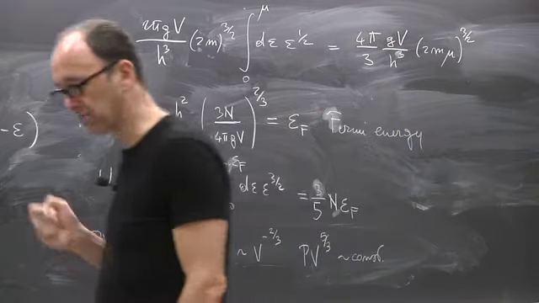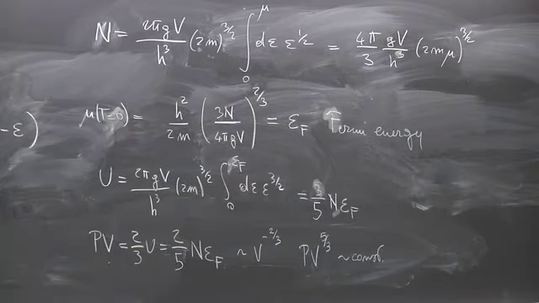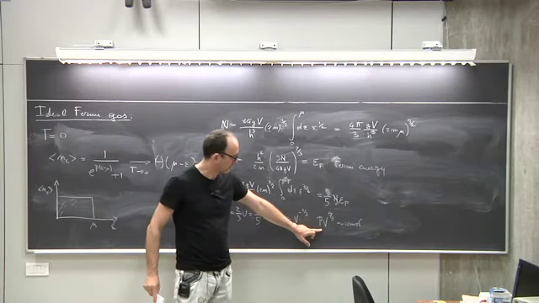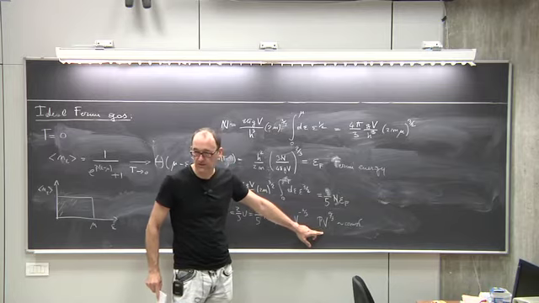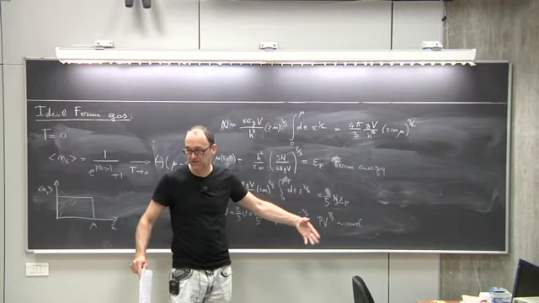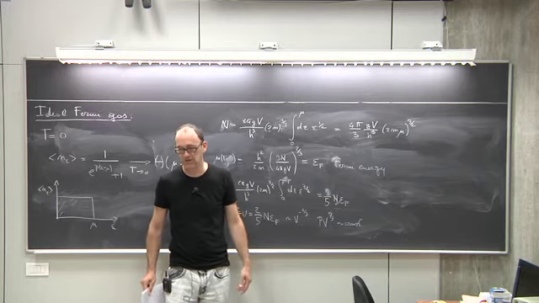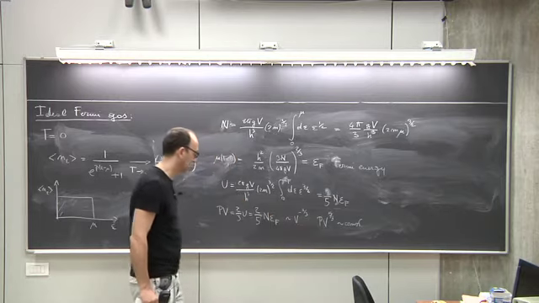So if you keep the number of particles constant and you change the volume, you will have this relation for an isothermal transformation at 0 temperature in this gas.